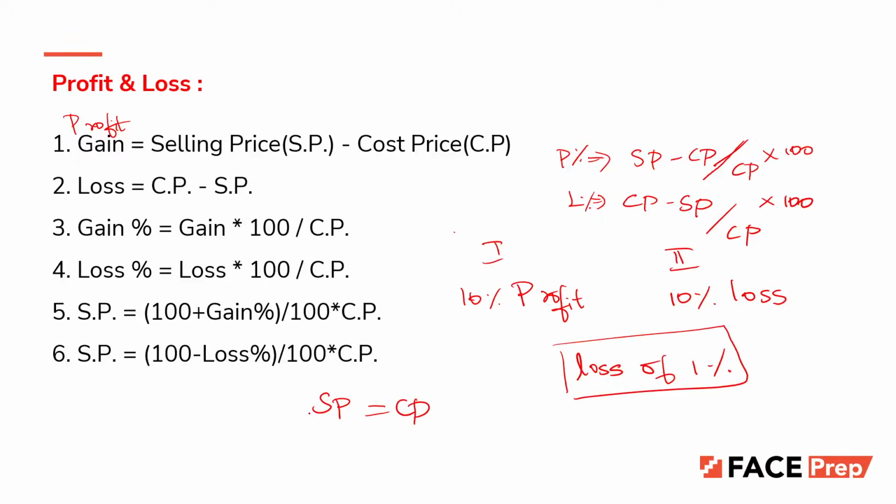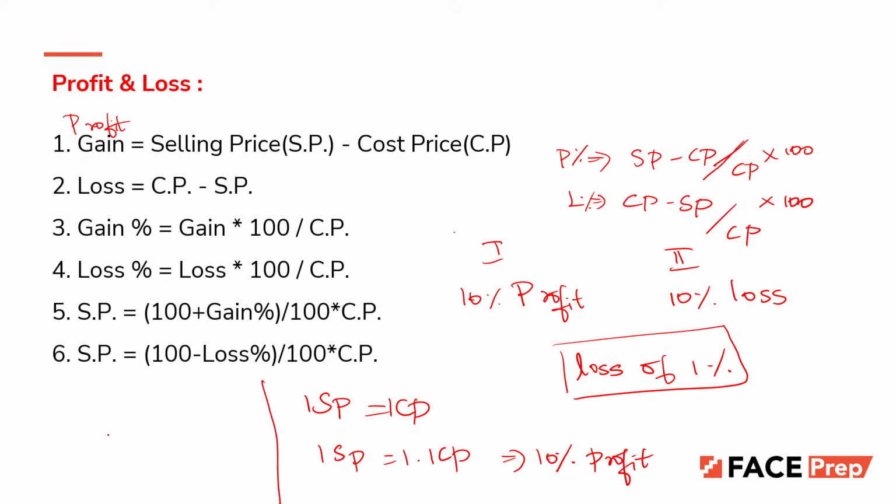That is 1 SP is equal to 1 CP. But if they've given you a value as 1 SP is equal to 1.1 CP, then I could tell the value is 10 percentage profit, right?